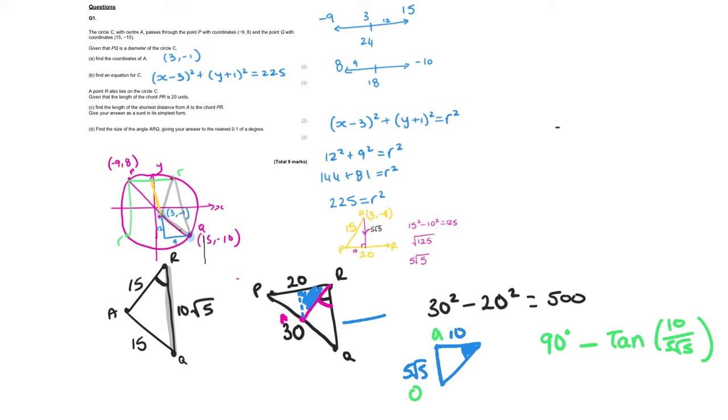So let's see what that is. 90 minus tan of 10 over 5 root 5, which is 89.98.